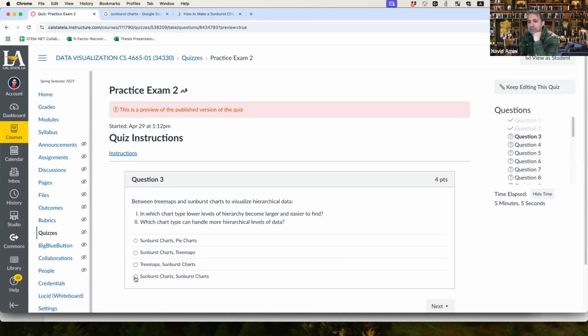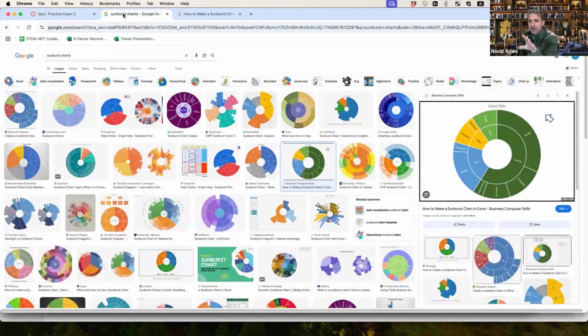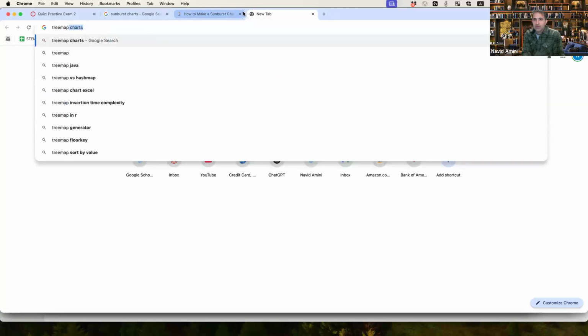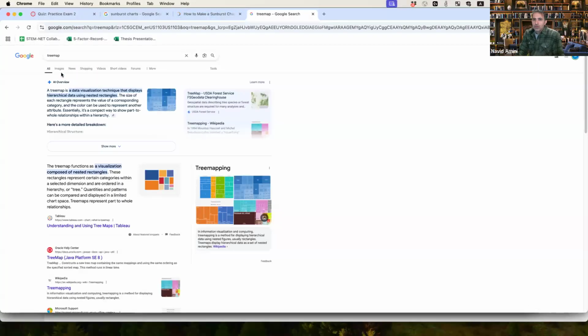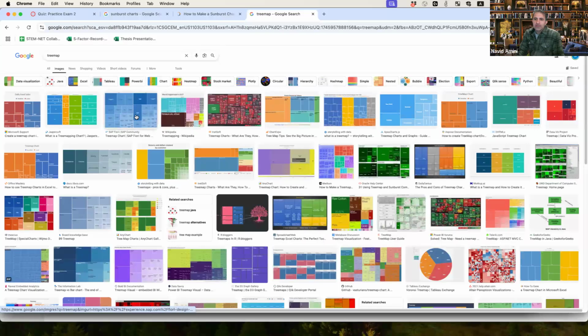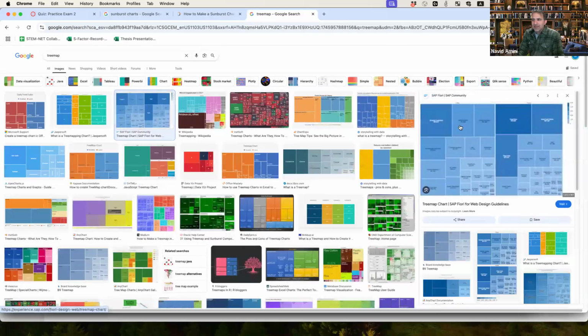Which chart type can handle more hierarchical levels of data? Again, sunburst charts. Because with tree maps, we decide on a real estate first, right? When you have a tree map, you first draw a big rectangle. Then you go in detail.